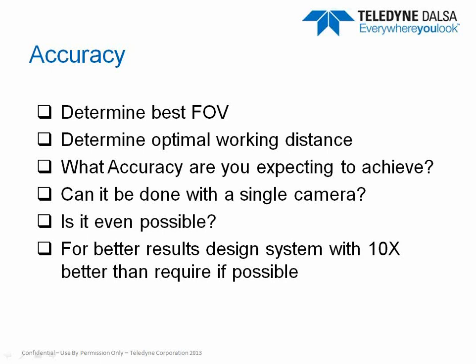But again, realistically, people come to me and say, well, I have a 12-foot field of view, or a 12-foot part, and I'm looking for 3/10 of accuracy. Well, that's kind of near impossible unless you break it into different cameras and so on. So again, what accuracy are you expecting to achieve, and can it be done with a single camera? Is it even possible?